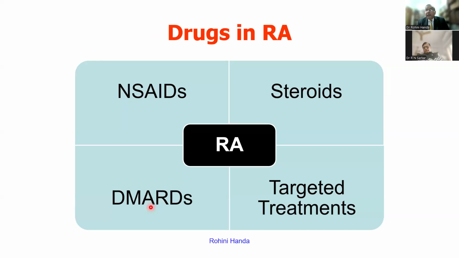Now, in a typical patient, where would you use these 4 agents that are available to us? Anti-inflammatory drugs are invaluable in abrogation of inflammation. The patient comes to you with pain, and to relieve pain, you need anti-inflammatory drugs. Then you have glucocorticoids.